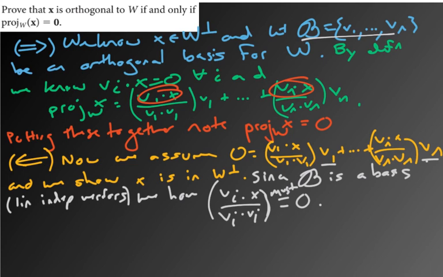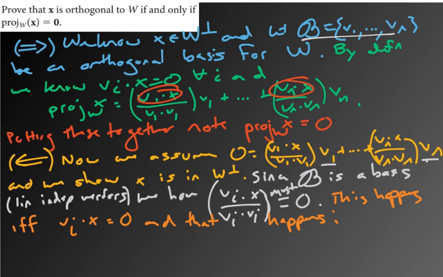This happens if and only if v sub i dotted with x equals 0, and that happens if and only if x is in W perp, the thing we wanted.